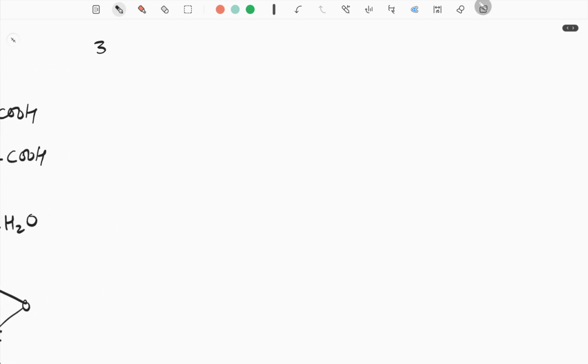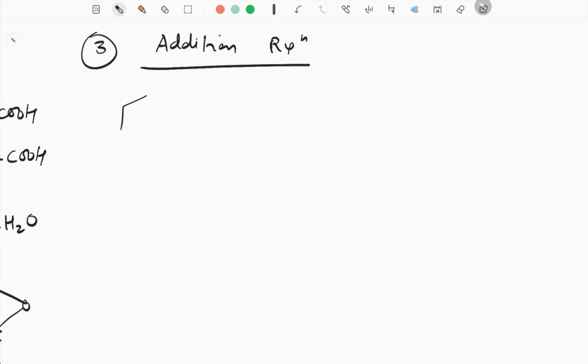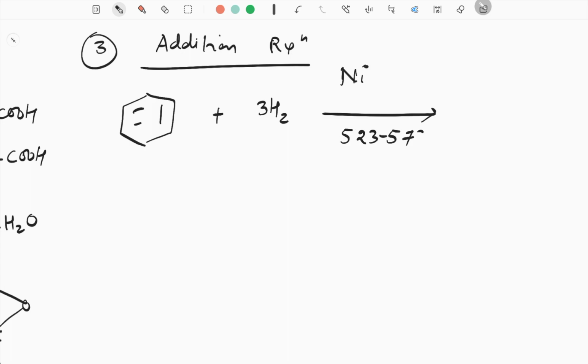Next is addition reaction. Addition reaction can take place under some conditions, and with benzene you can add hydrogen or halogen. Hydrogen with nickel at 523 to 573 Kelvin gives cyclohexane.